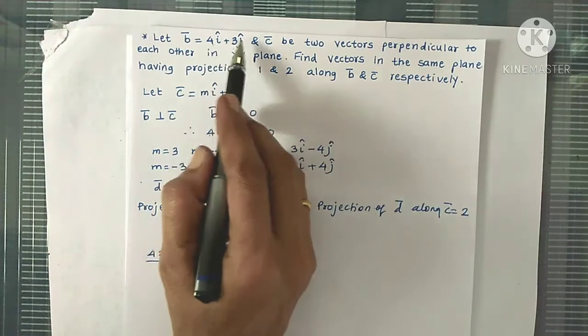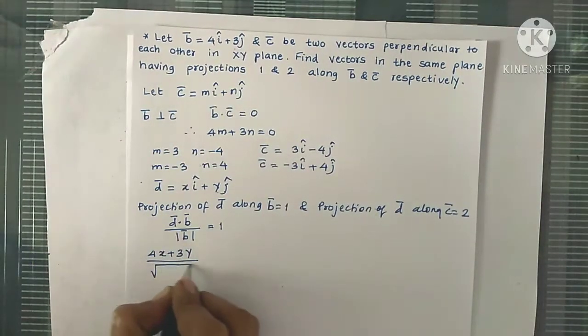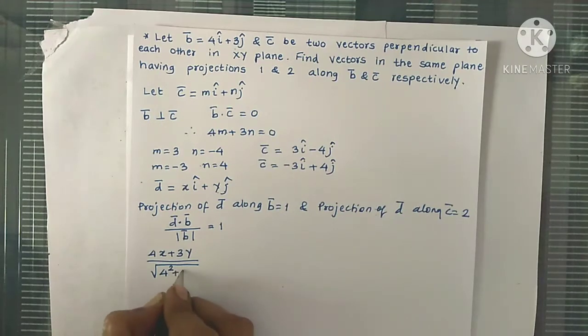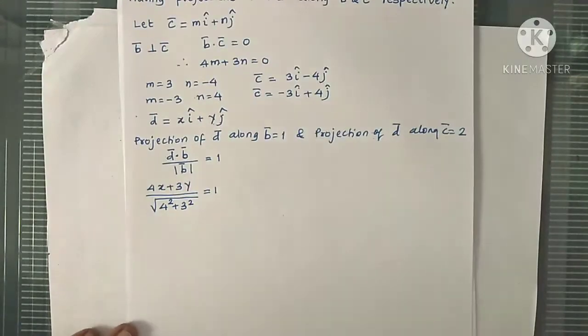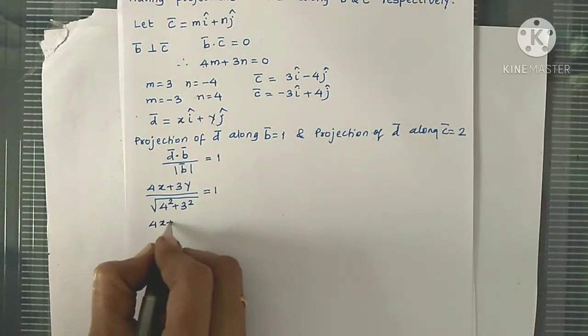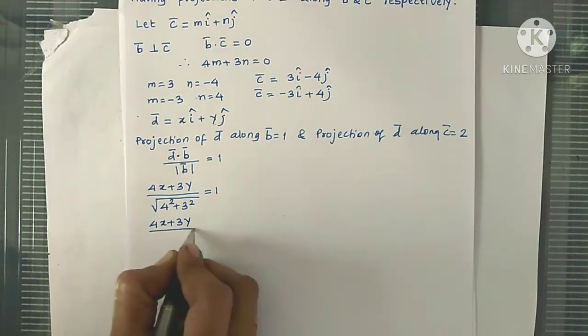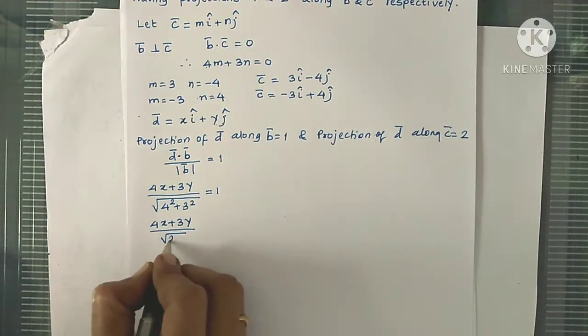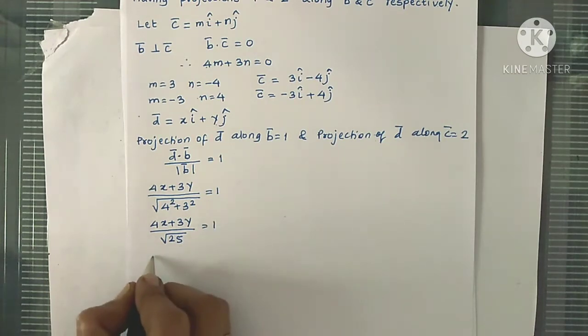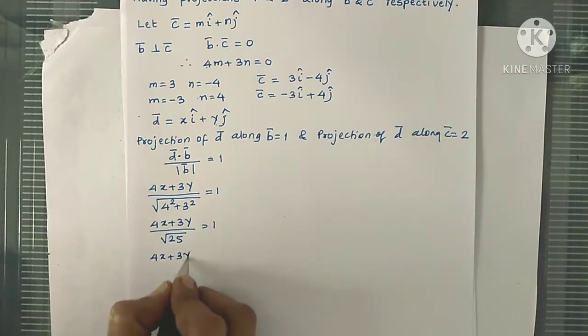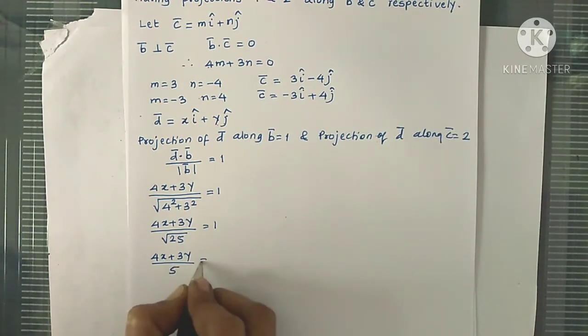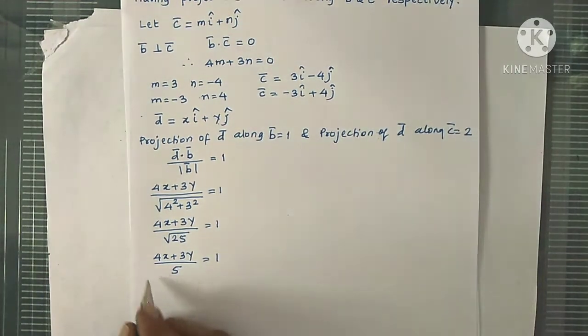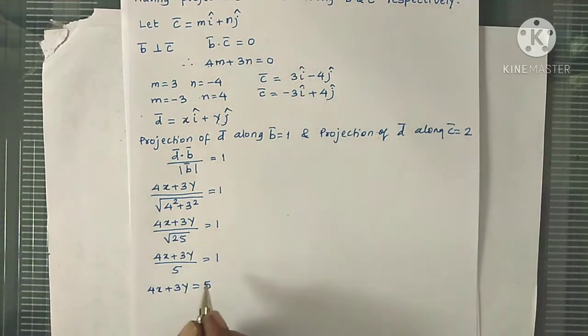Modulus of b bar is root of 4 square plus 3 square, and this is equal to 1. So we have 4x plus 3y divided by root of 16 plus 9, that is 25, equal to 1. So 4x plus 3y upon 5 equals 1, so we have 4x plus 3y equal to 5. So we have one equation in terms of x and y.